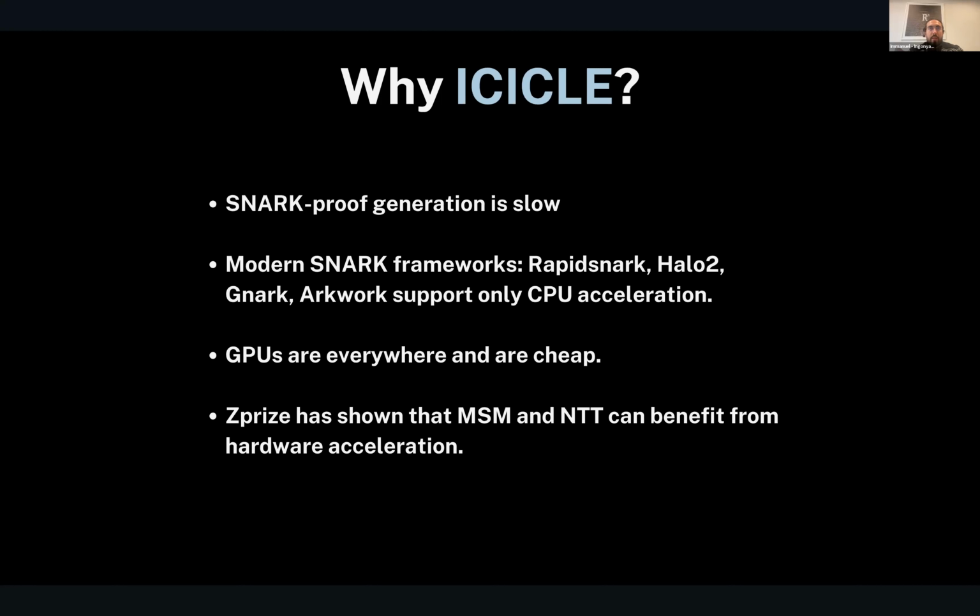GPUs are basically the perfect hardware for parallel computation. AI uses GPUs everywhere basically for its advantages in parallel computation. And GPUs are also pretty cheap compared to ASICs or FPGAs. Also, if you reference the Z Prize of 2022 and 2023, there are pretty good case studies there of how GPUs can be used for accelerating MSM and NTT.